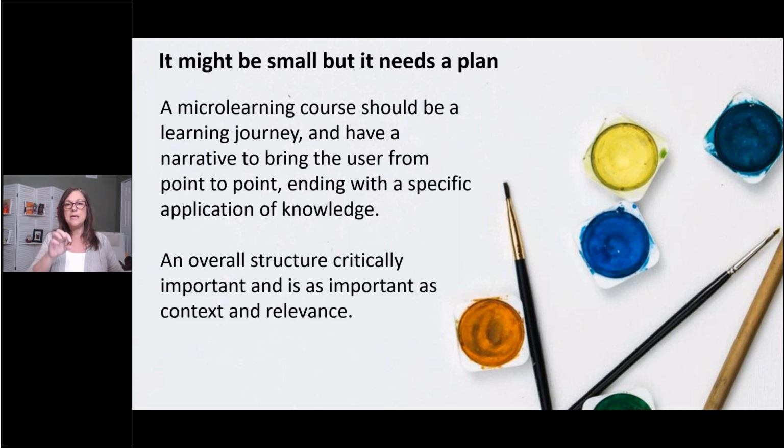So what this means is that you have a topic, let's say communication. Communication is your topic, and you want to create some microlearning pieces around communication skills. Well, communication skills is very, very broad.